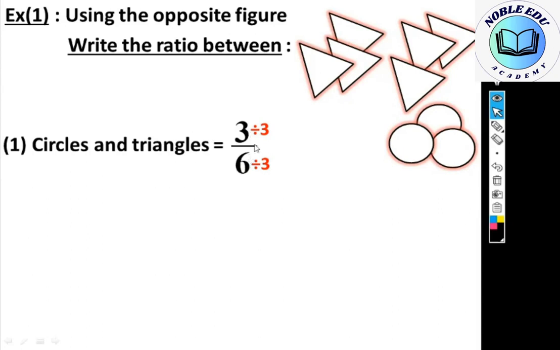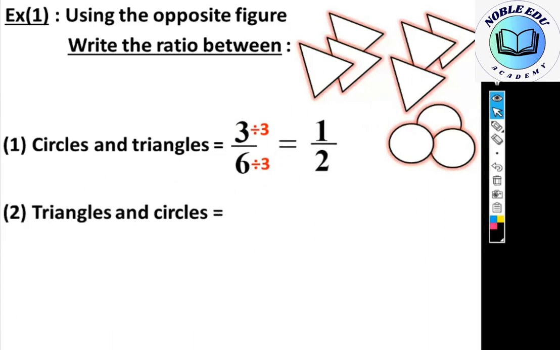So write 3 over 6 and divide both numbers by 3. The ratio will be 1 over 2. But if I have triangles and circles, which is first? Triangles, so write 6 up and circles 3 down. Now simplify: 6 over 3 equals 2 over 1, which equals 2.